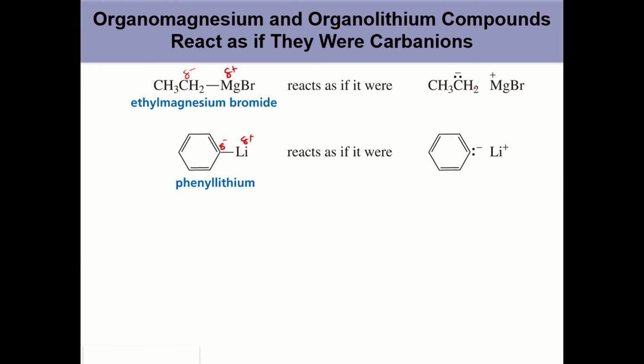Now this form of organometallic compound can act as a base or as a nucleophile. Now you can see there is high electron density, so it can function as a nucleophile. That means it can be attracted to a positive end.